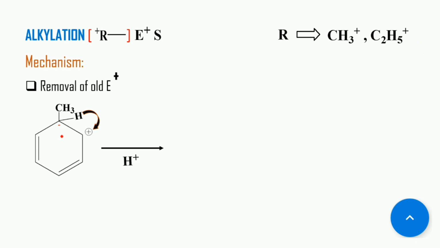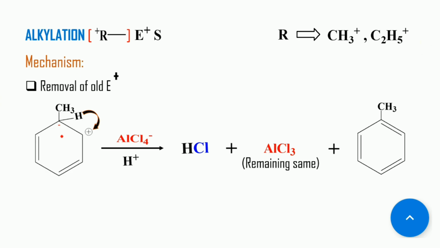Now in the solution we already have AlCl₃⁻ as an intermediate complex, which will donate its electron to this hydrogen atom. We get finally HCl, that is our hydrochloric acid, along with AlCl₃, which remains the same as a catalyst, and we also get our desirable product, that is toluene. So finally we complete our Friedel-Crafts alkylation of benzene.